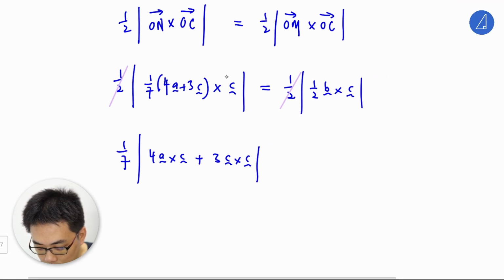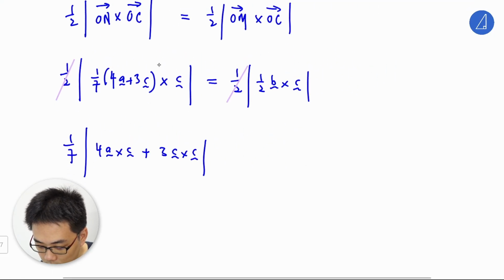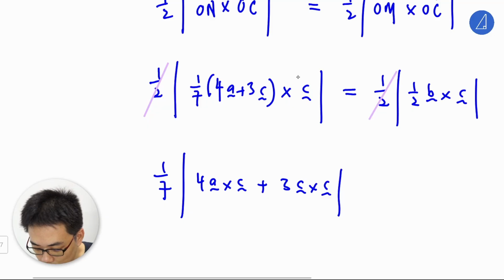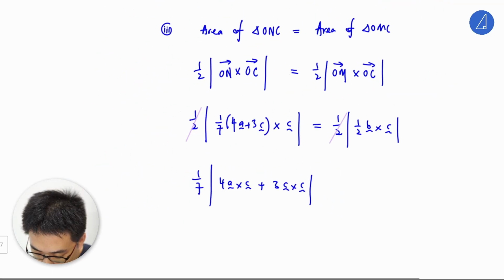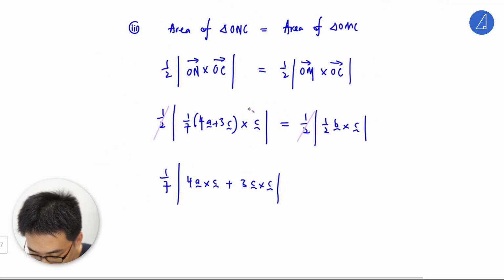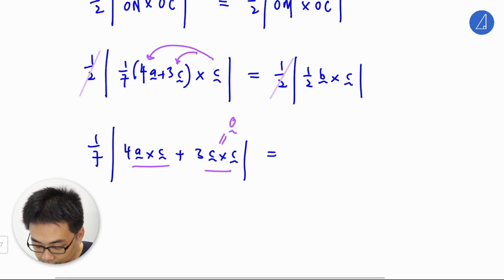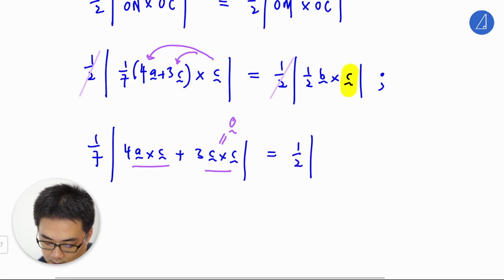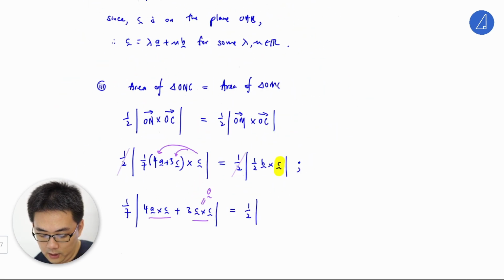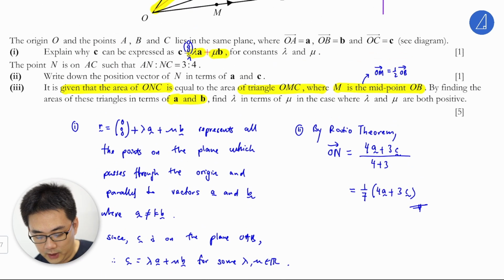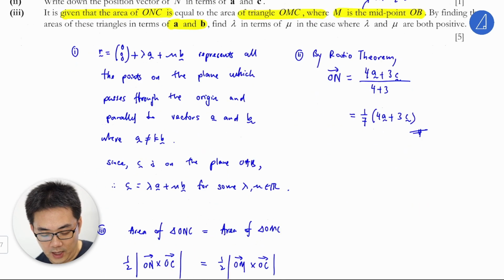C cross C is the zero vector. The half is a scalar, can bring it out. Remember, C is not A and B, so make sure you know your alphabets. If you see C, bring A and B out.